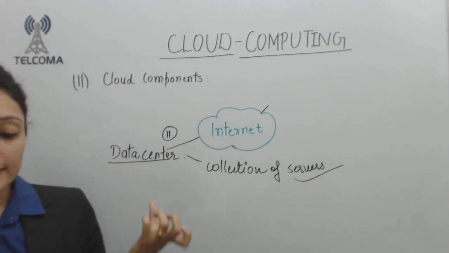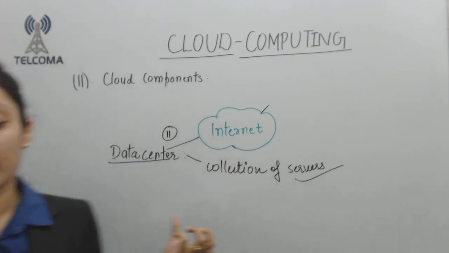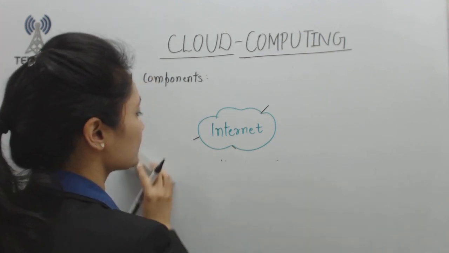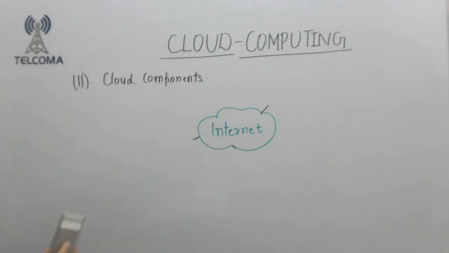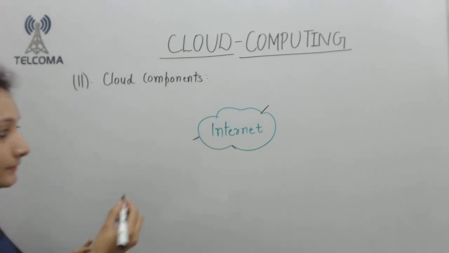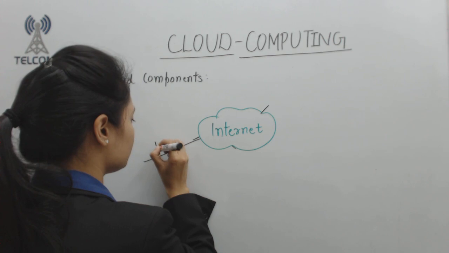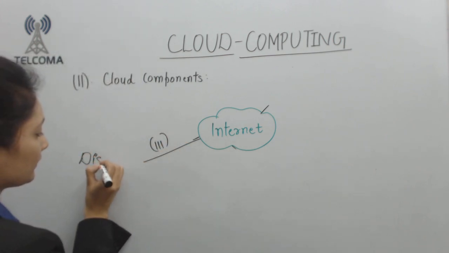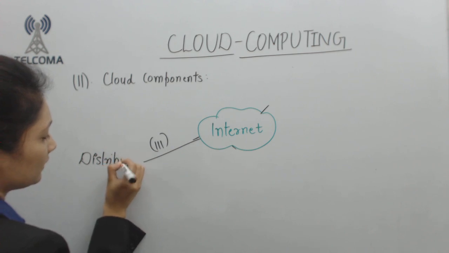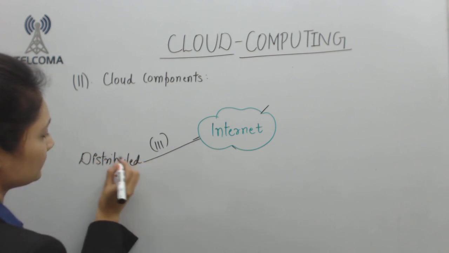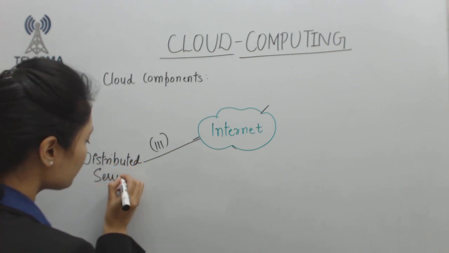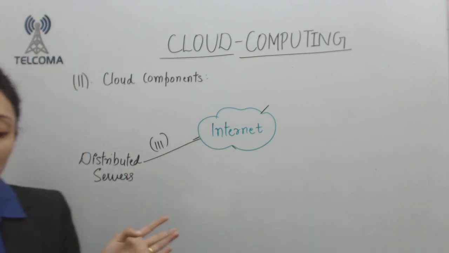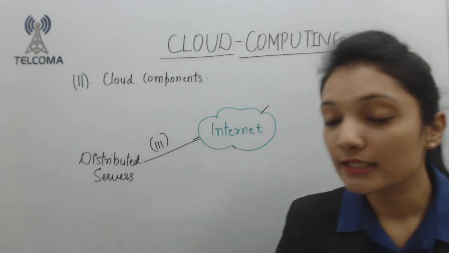Now, after the data centers, the next component for cloud computing is the distributed servers. It means that servers don't have to be housed in the same location.